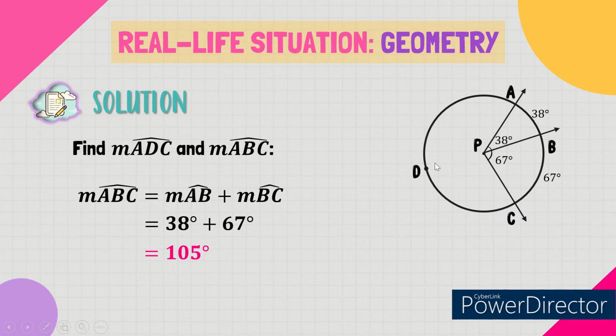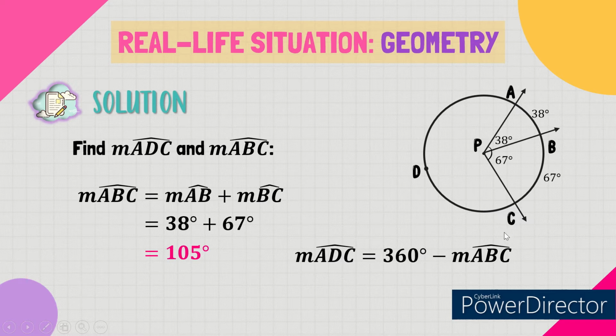Now, to solve this major arc ADC, we will just subtract the measurement that we got earlier from 360 degrees. Do you know why we subtract it from 360 degrees? Well, it is because that is the measurement of a full circle. As you can see, if we combine arc ABC and arc ADC, we can form a whole circle.